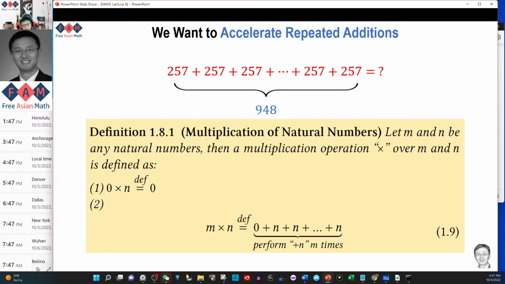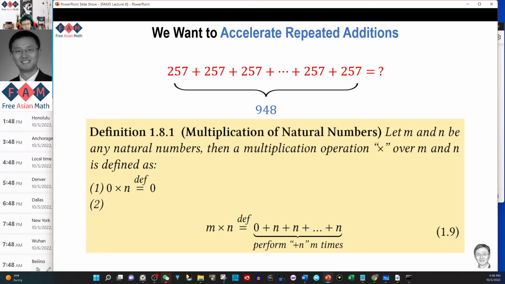So we can perform 0 plus n. Once we have that, we can perform another operation of plus n. And we repeat this m times. Okay? So you can see that multiplication is truly just defined to be repeated addition.